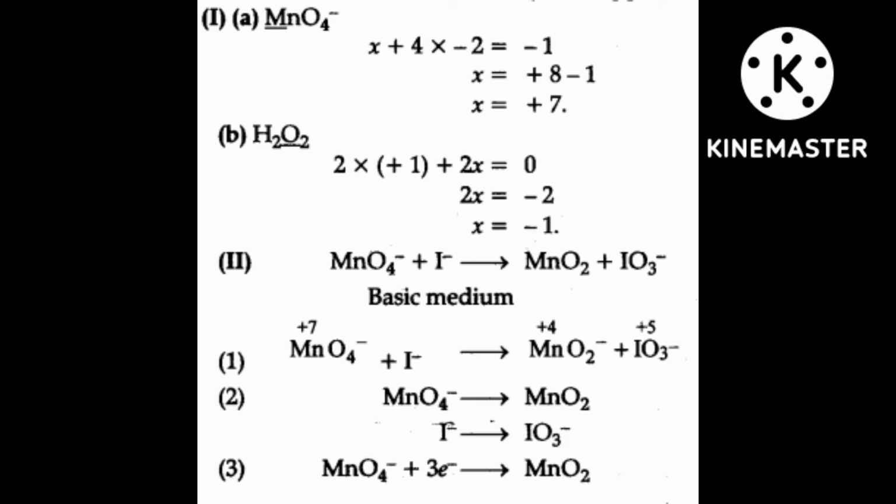The anomalous behavior is attributed to their small size. What is the reason for these anomalies? The reason given is the small size. First thing, due to the small size this happens. Other thing, large charge to radius ratio, meaning charge upon radius is more.